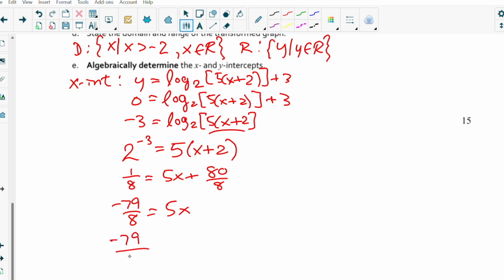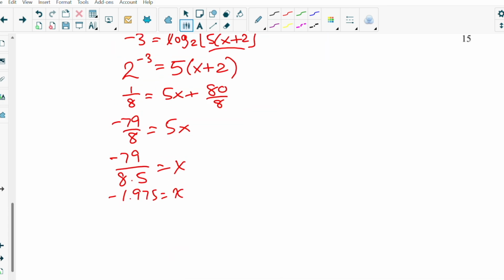So that's negative 79 over 8 times 5 equals x. And then folks, let me turn that into a decimal value. I'm going to grab my calculator real quick. That is negative 79 divided by 40. I get negative 1.975 equals x, or negative 79/40ths in exact form.